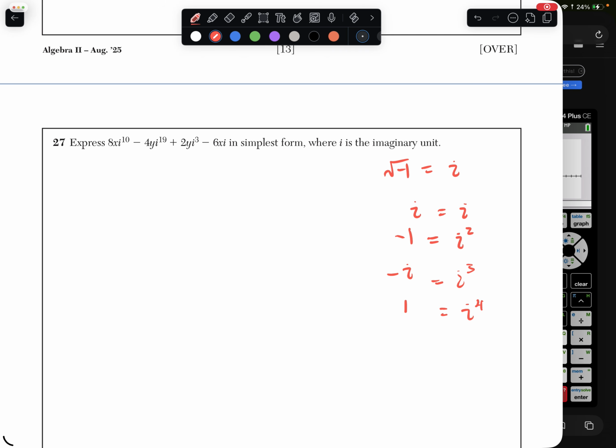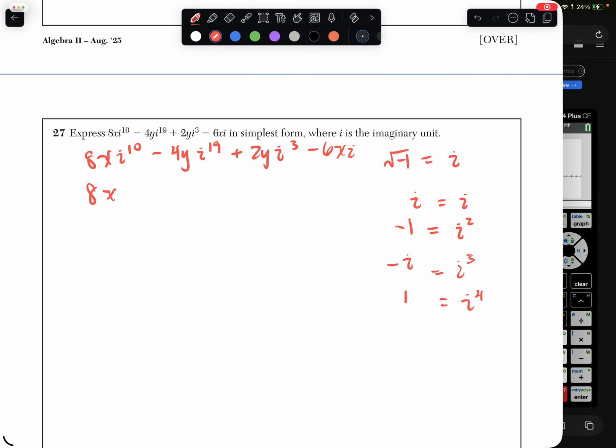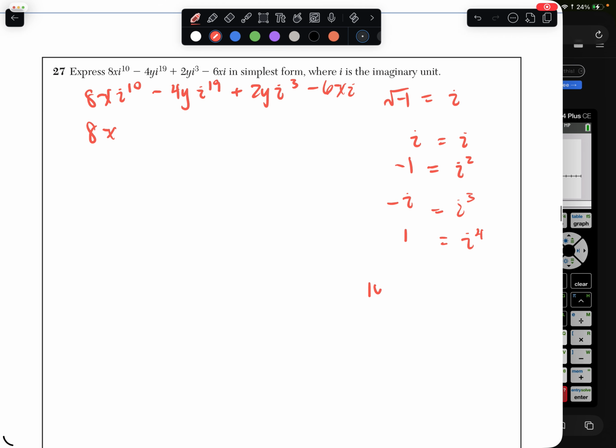So first we have 8x i to the power of 10 minus 4y i to the power of 19 plus 2y i to the power of 3 minus 6x i. All right, so 8x i to the power of 10. I'm going to do 10 divided by 4, which is 2, remainder 2.